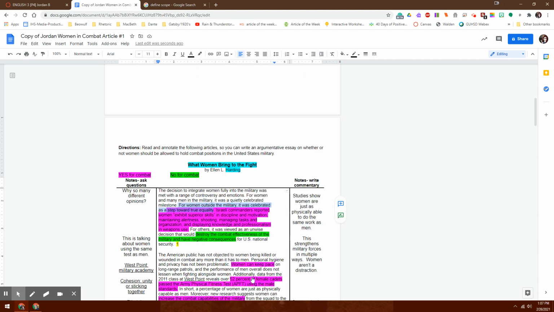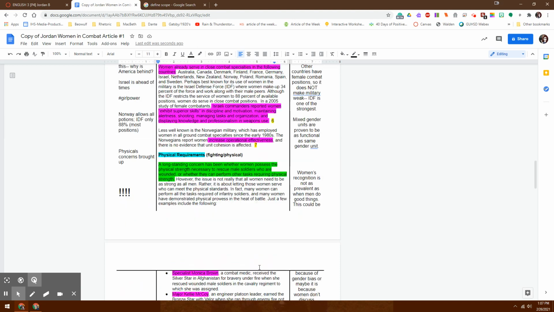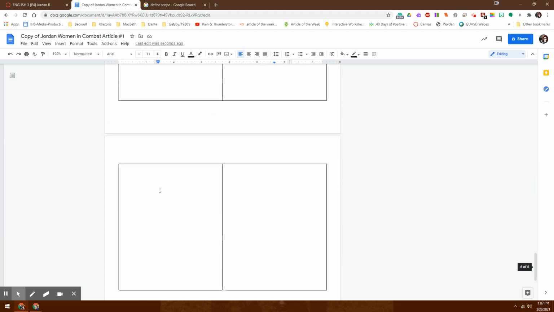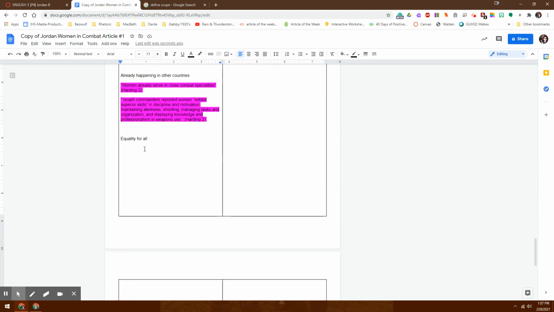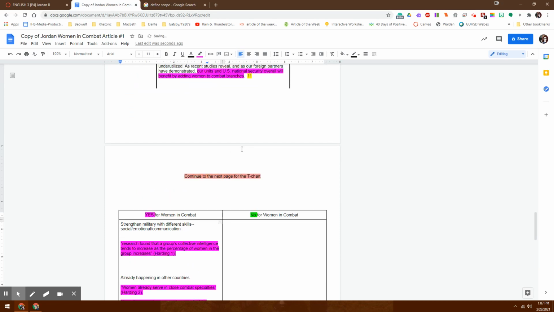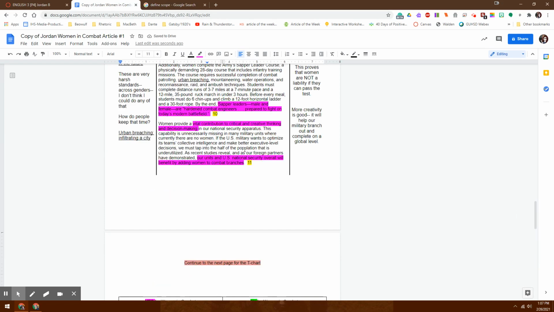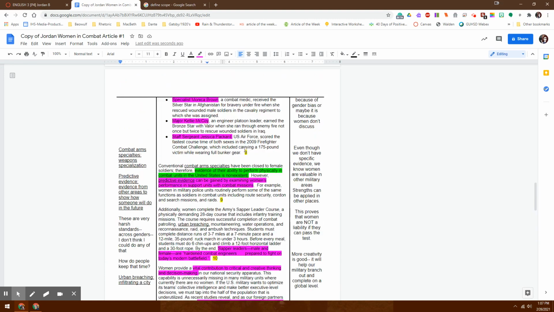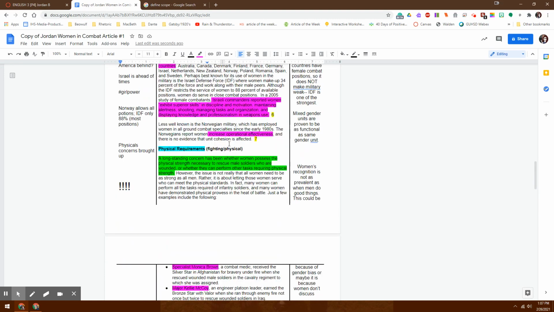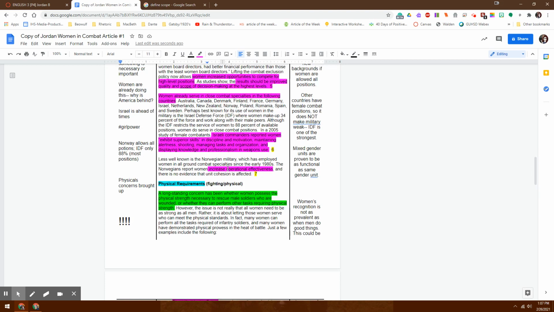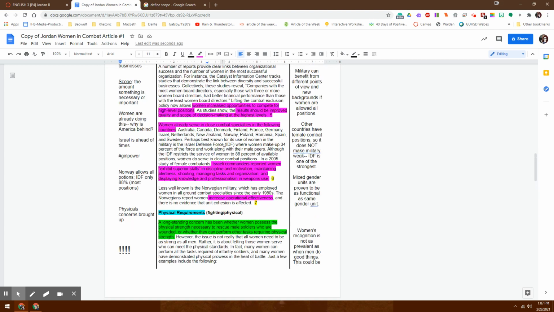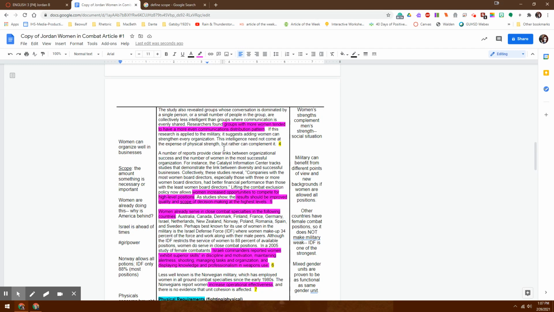Okay, so there's one piece of evidence for that. It really lets women have that opportunity. Okay, and then I'm going to find another piece because I like this idea that it's expanding their opportunities. And I think there was a quote up here on, I think it's in page 2 still.